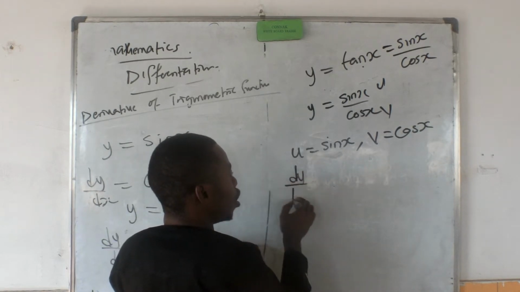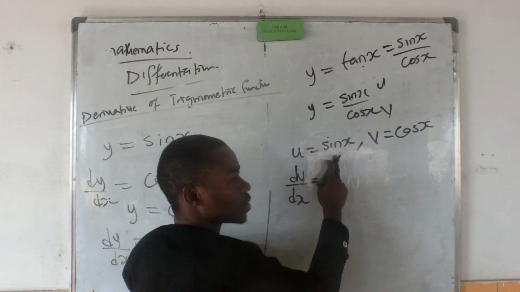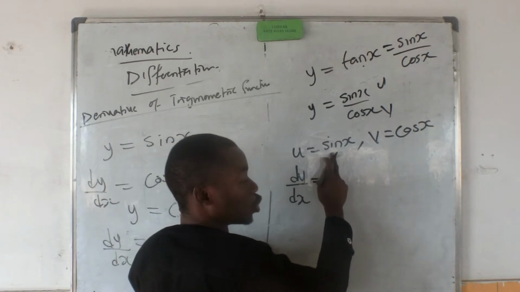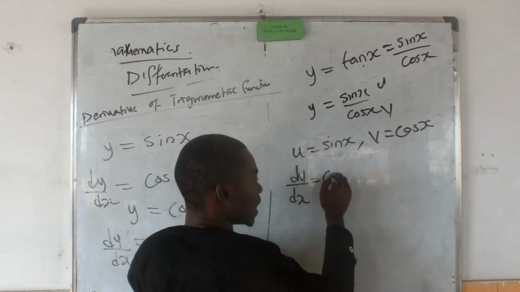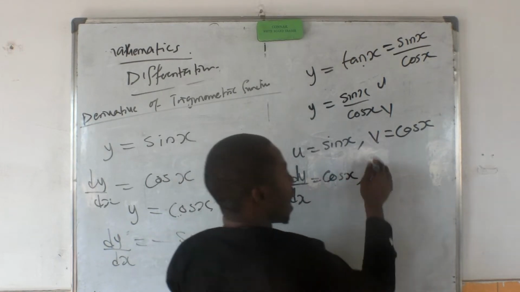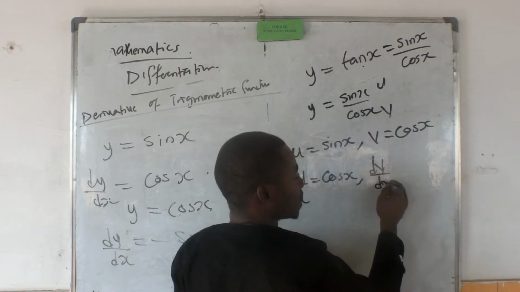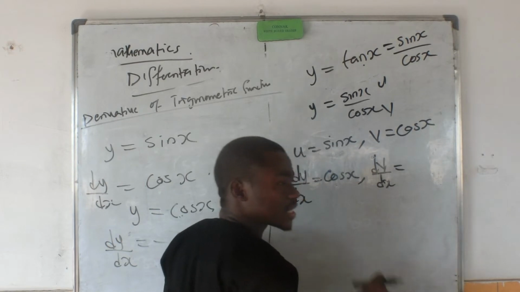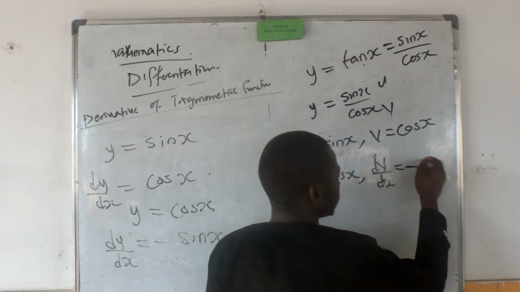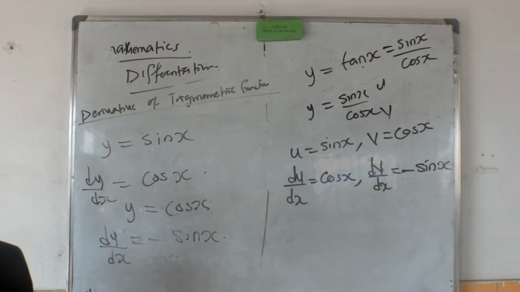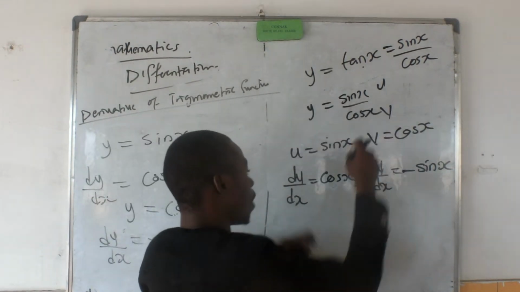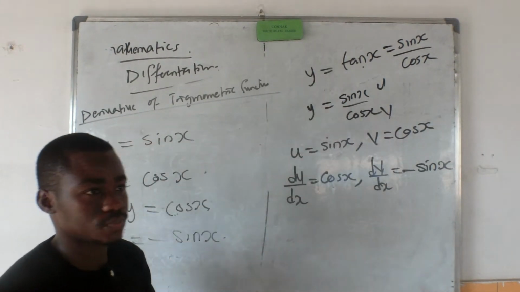You have du/dx, which is equal to cos x. And what is dv/dx? Minus sine x.